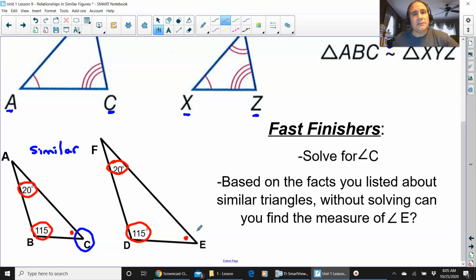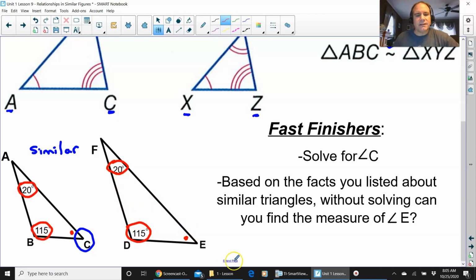All right, they're going to be equal to each other because these are similar figures, and all corresponding angles of similar figures are congruent. And then if you have those two measures, the interior angles of a triangle equal 180 degrees. You have two of them that they give you. It's very easy to find the third.